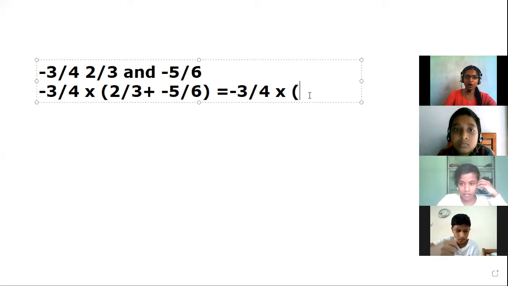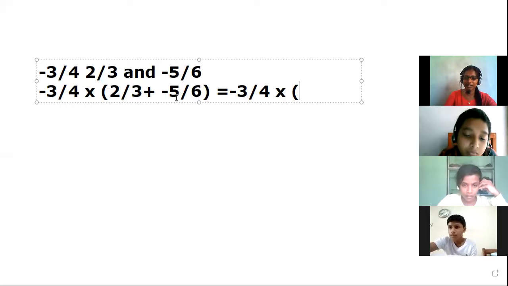Then what would be the denominator? The denominator should be the product of 3 and 6, which is 18. And what about the numerator? Here the numerator is 2 and here the numerator is minus 5. Then the numerator is 2 into 6 plus 3 into minus 5.